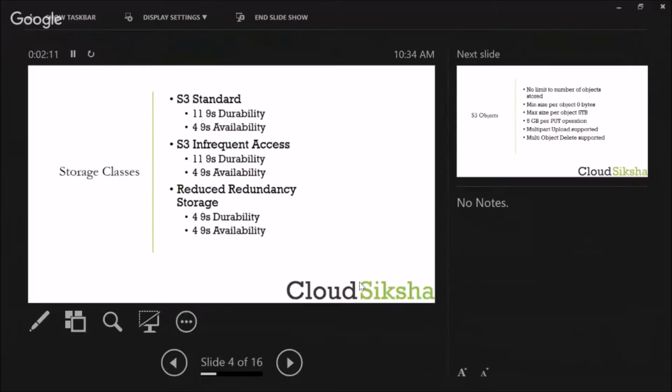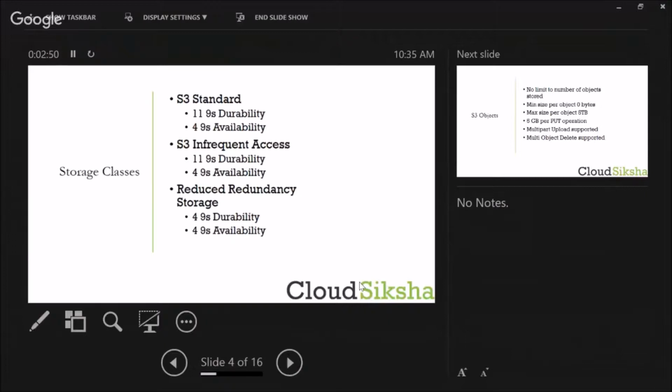Now, we come to what is known as S3 storage classes. When you store your object, you can store in 3 different classes. There's also another class which is Glacier. We'll discuss that later. There's 3 classes: S3 standard class, S3 infrequent access class, and reduced redundancy class. These differ in terms of the durability and their availability.